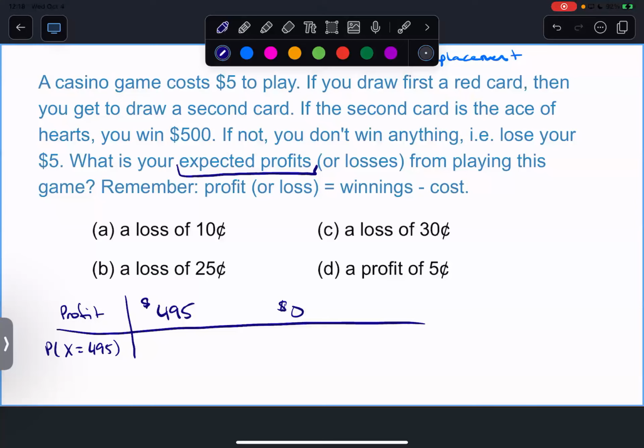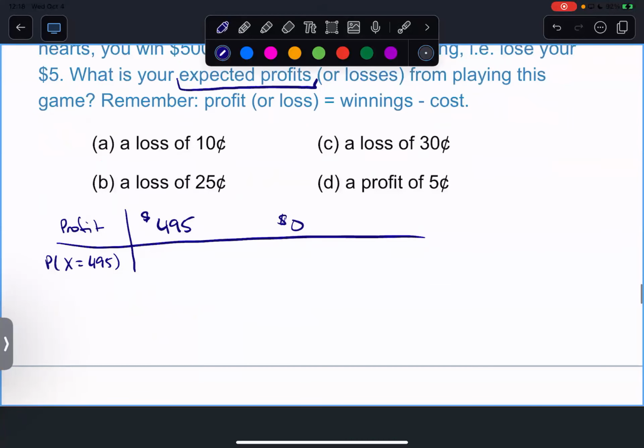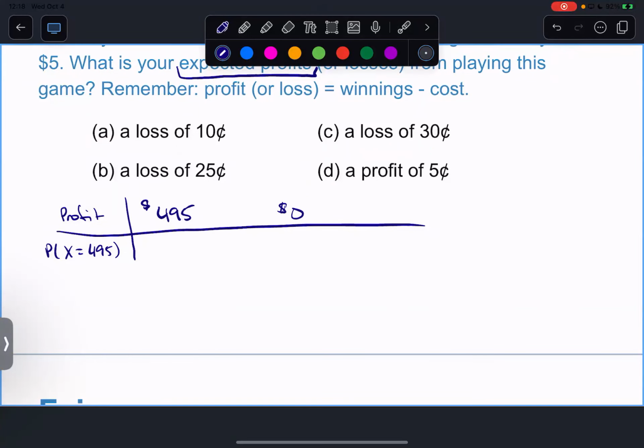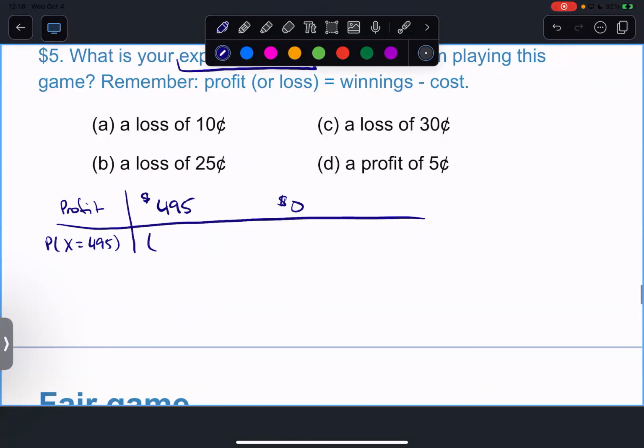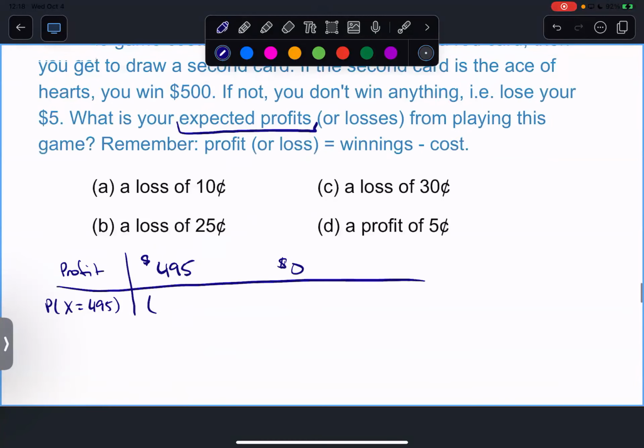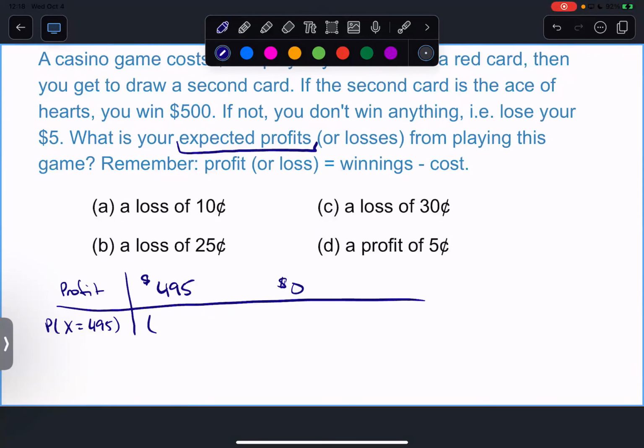So that's a conditional probability, right? And so this is going to be my first card. The probability of drawing a red card, let's start there, is 26 out of 52. But what did we just establish? Little sneaky. We're hooped if we draw the ace of hearts.